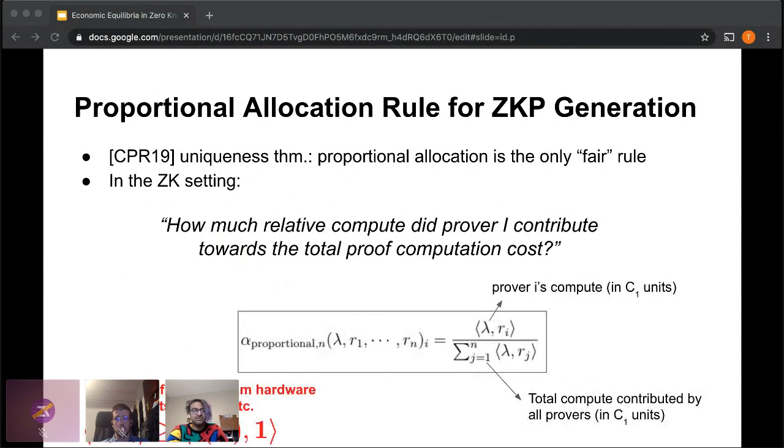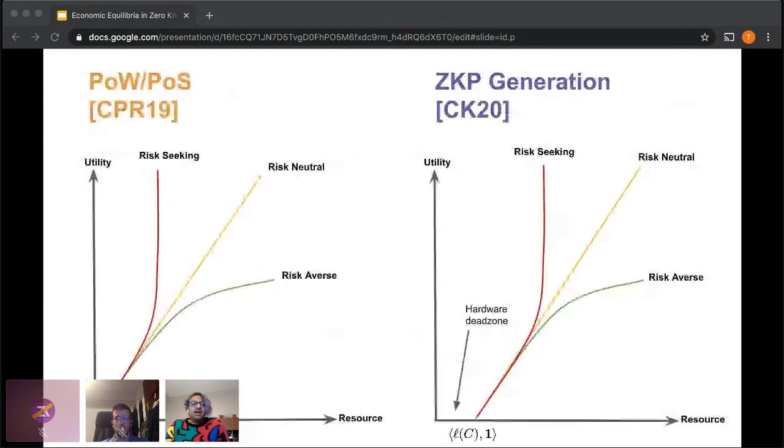So we're going to look at that in pictures. On the left, we have the Roughgarden paper, which basically shows what the 3 types of principal agents look like in proof of stake. We have the risk neutral, which is quasi-linear utilities.